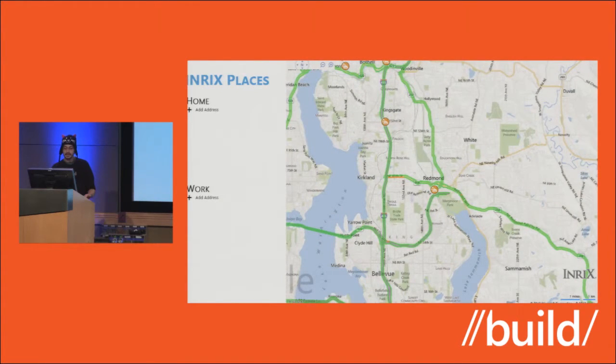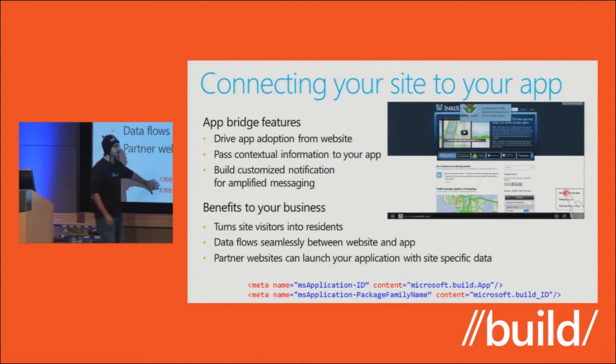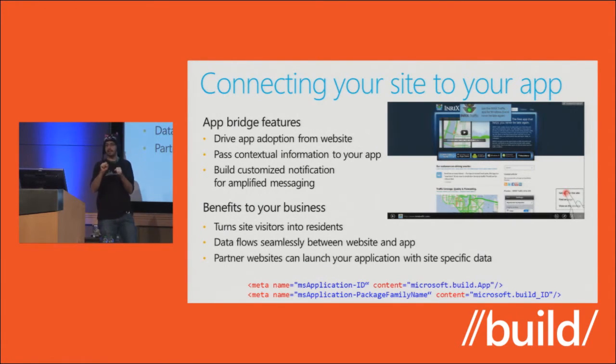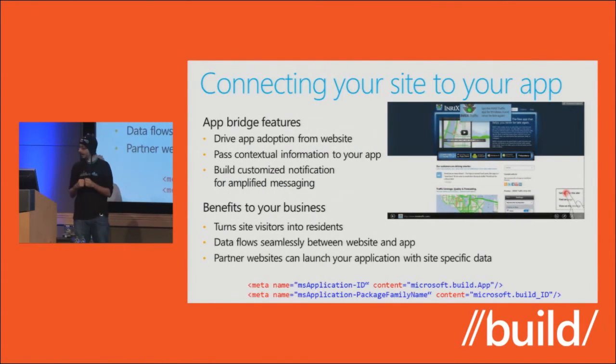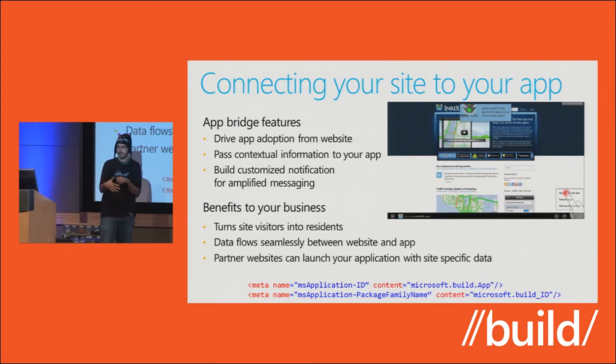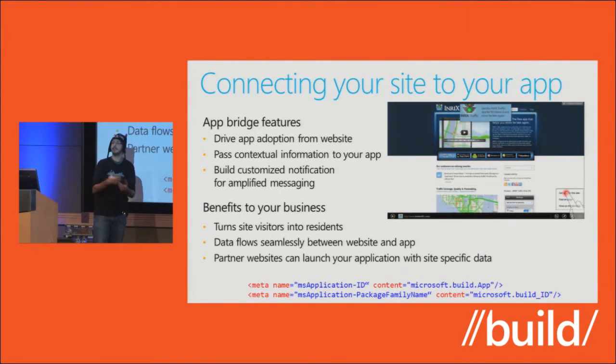How you do this is basically 2 lines of code that you see at the bottom of this slide. The first one allows your site to connect to the app via the application ID. And number 2 is a package family name, which you can find in your Visual Studio project. When you add those 2 lines of code, the wrench will light up. And then you can choose to take advantage of the protocol handlers if you want to do even further things like prompting them or dropping a banner on your site.